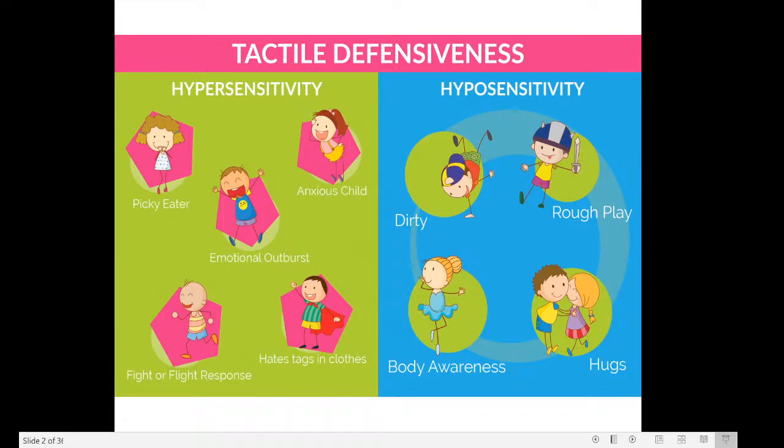Everything is hypersensitive, too fast, too active, too fast movement. But hyposensitivity people, their sensory system acts as hyposensitivity.